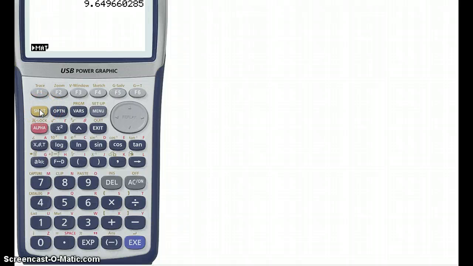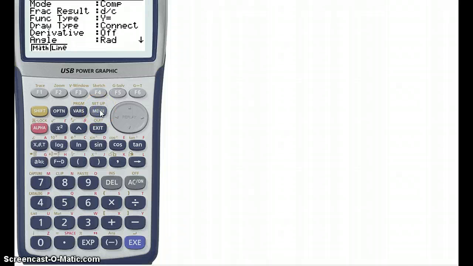So if you have the graphics calculator, and it applies to the scientific one as well, you need to just check the setup. So shift menu, it should be in degrees. See that angle here? That should be in degrees.